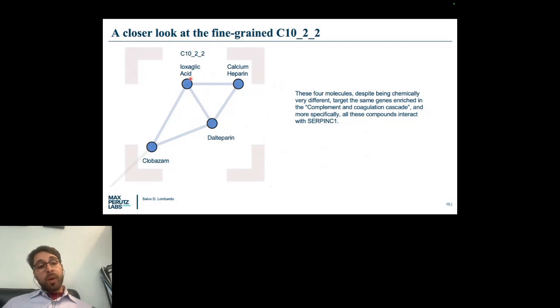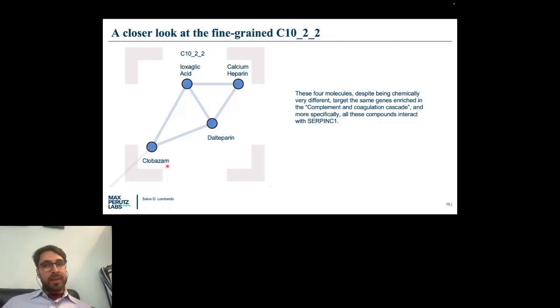Then when we look at oxalic acid, the association is a little bit less trivial, because this is a contrast medium which is used when you take an examination such as a CT scan. However, it has been shown that as a side effect, it could cause thrombotic events. And for that reason, in case the patient is susceptible to thrombotic events, then he should use a different contrast medium.